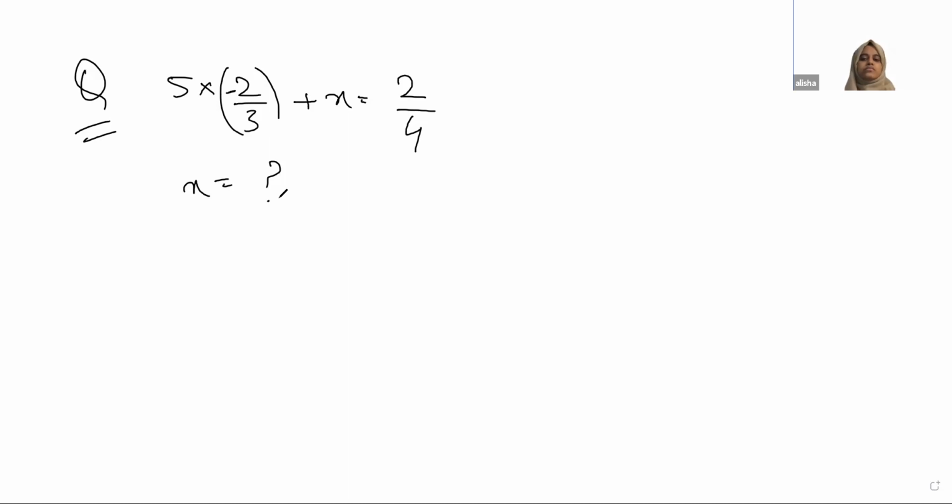Show me your notebook. Unable to see anything. Move your notebook.